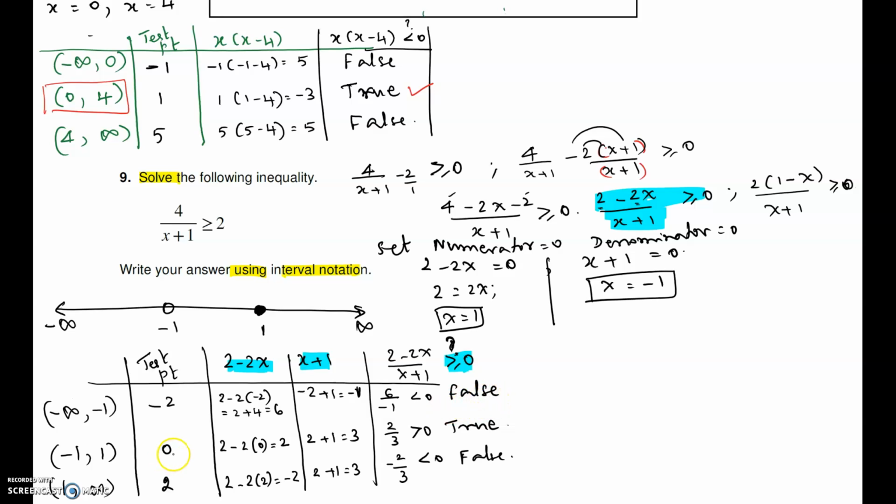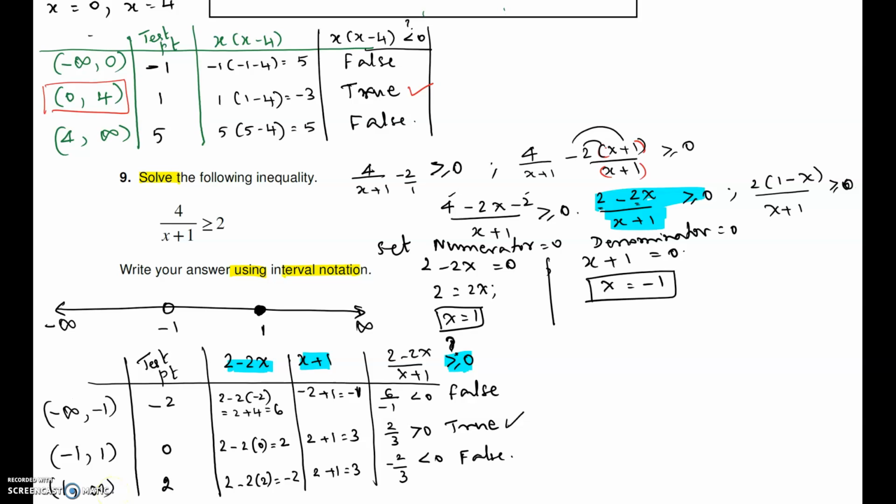If you plug in 0 in the interval -1 to 1, that's our test point, and we get 2 minus 2x equal to 2 and x plus 1 equal to 3. If you divide these two, you get a positive number. If it is positive, the inequality is true. Then take a test point in the interval 1 through infinity, test point 2.